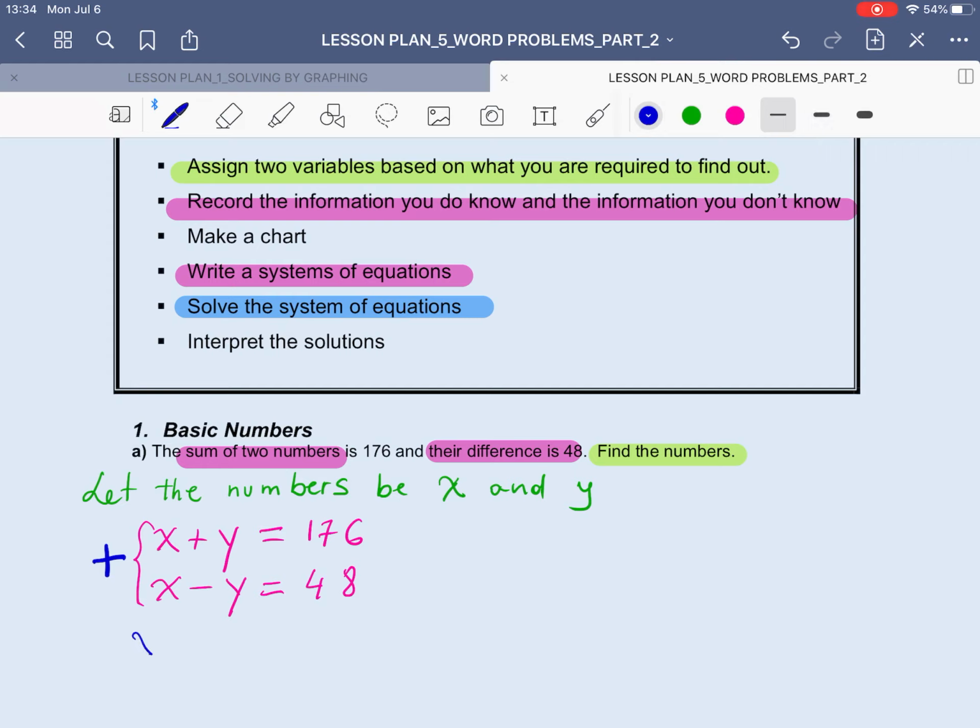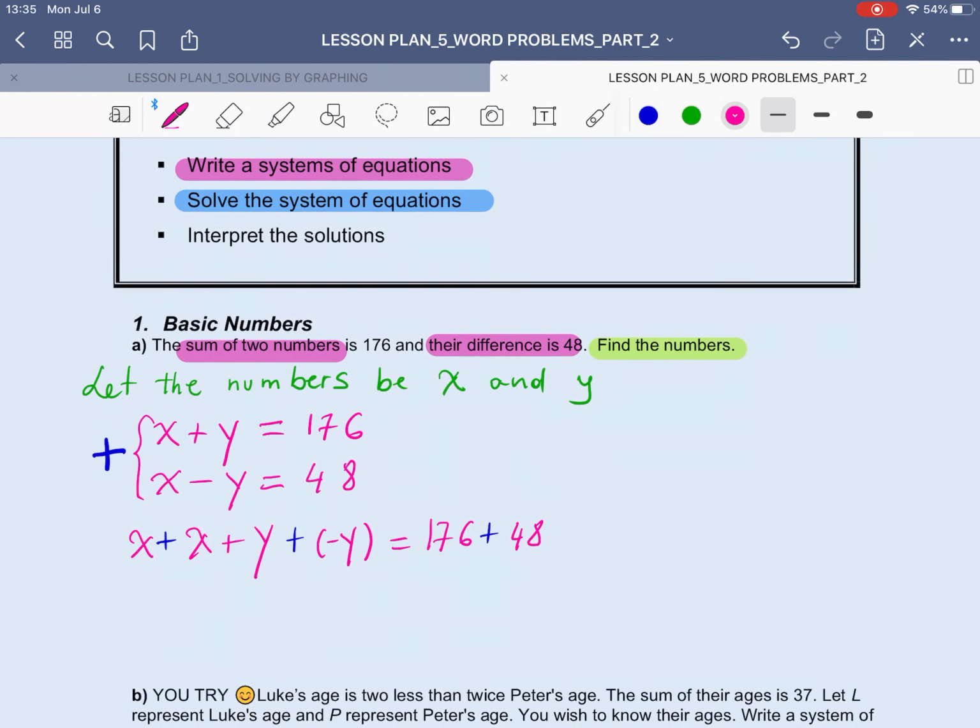So I will write here x plus x plus y plus negative y equals 176 plus 48. Oops. Let's keep our color coding in perfect order.